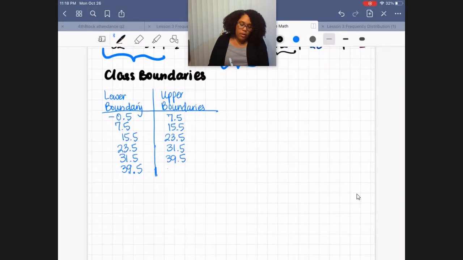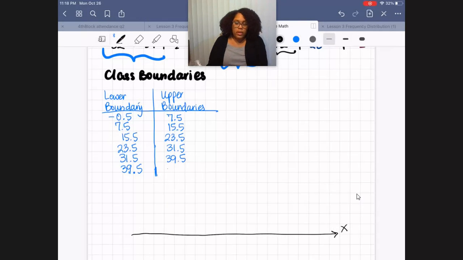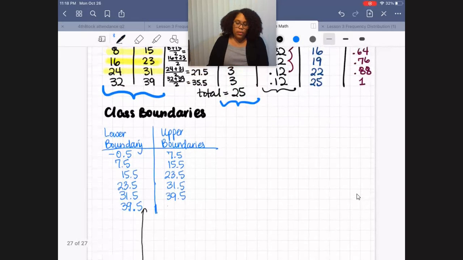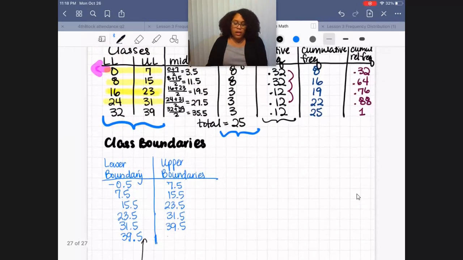So I'm going to create me an x-axis. Again, our x-axis is representing the number of minutes reading the newspaper. Okay, and then I'm going to look at the frequencies to see how far I need to scale up.